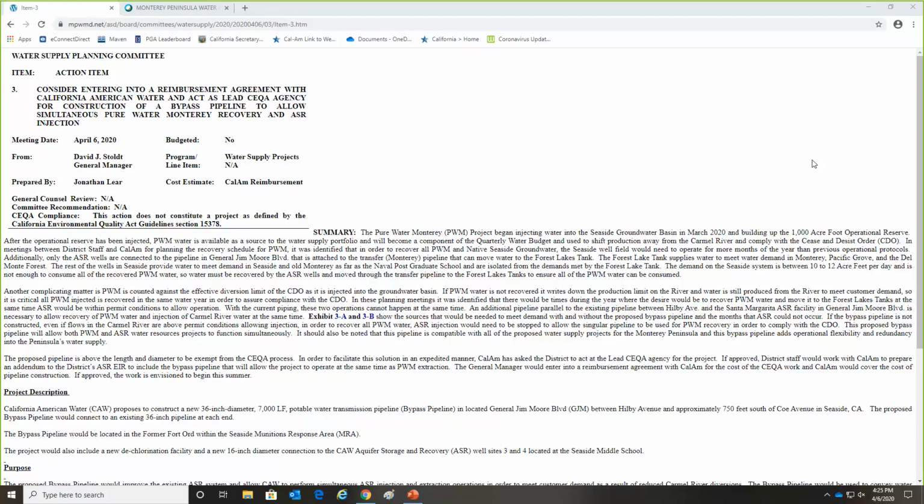So in looking at the tables, we realized what you really want to do is maximize that extraction of water to offset Carmel River water, but at the same time maximize the amount of water that you can capture or have rights to with the injection. So it creates this dual mode that's actually very nice from an operations standpoint. You have dedicated piping going to the different areas that you need, so it keeps it a little simpler that way too.